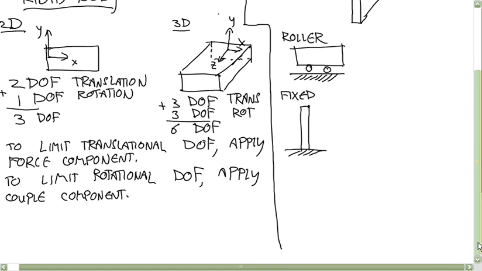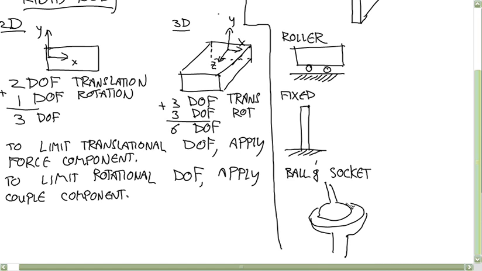And then one that only makes sense in 3 dimensions is a ball and socket joint. So this allows one of these arms to rotate around relative to the other one, but they can't separate from each other in any way.